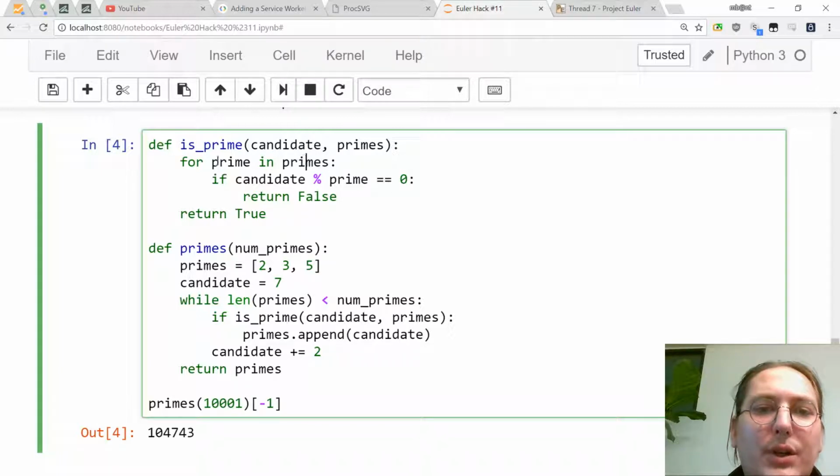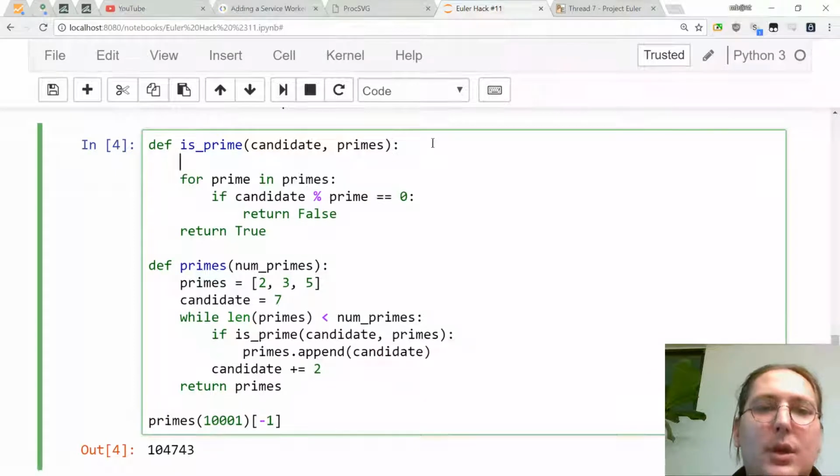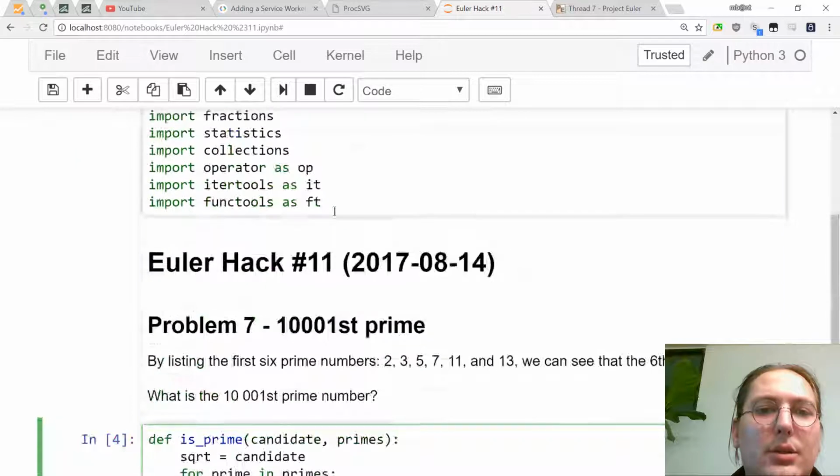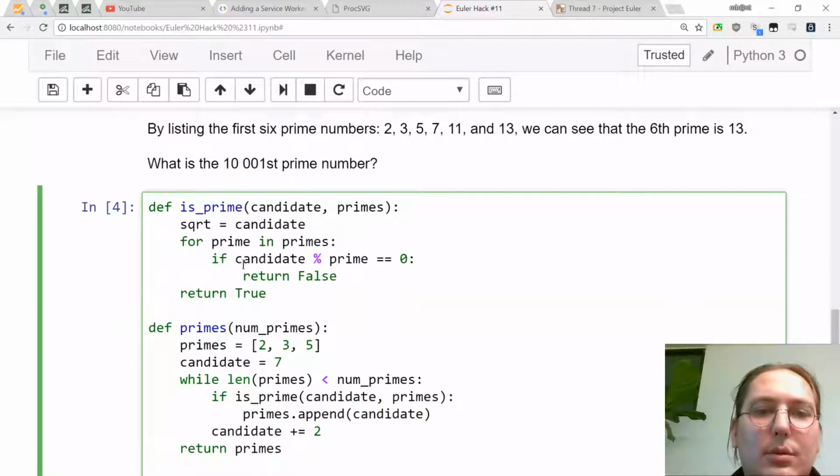Also, we don't have to check every prime here. So we could get the square root of the candidate. What is it, I guess, math square root, or to the power of half. Yeah, let's do that. And I guess we do the integer.